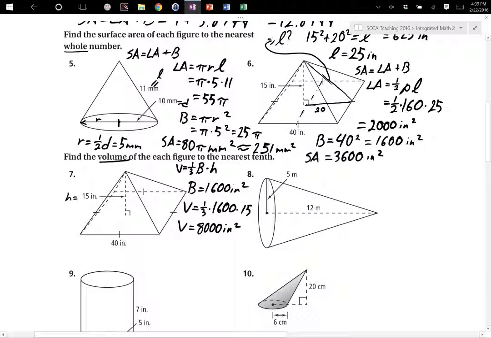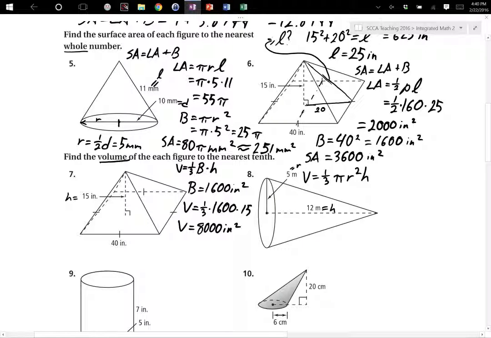Okay, the next problem is a cone. So we have a slightly different volume formula. It's 1/3 pi r squared h. So do we have r? Here's our r. Here's our h. Notice it's h, not L. L is a slant height.